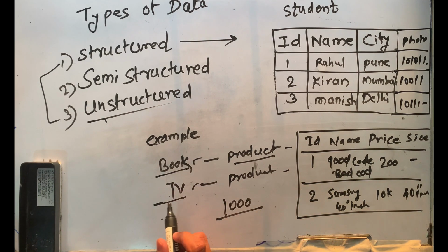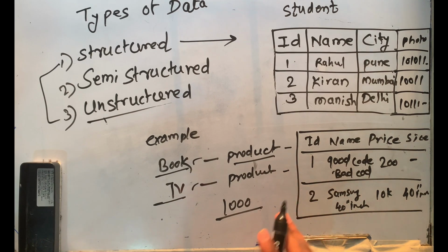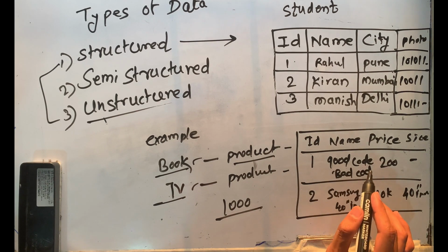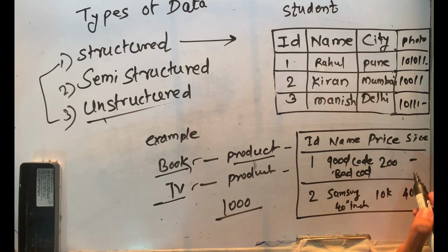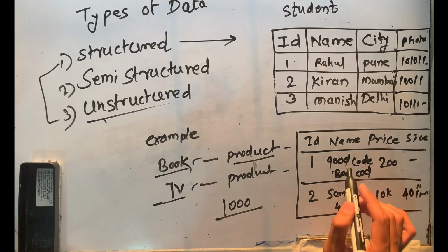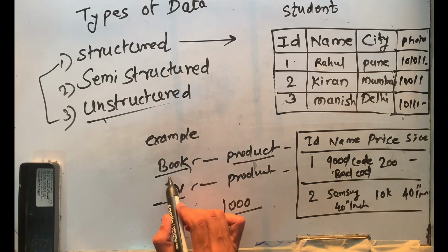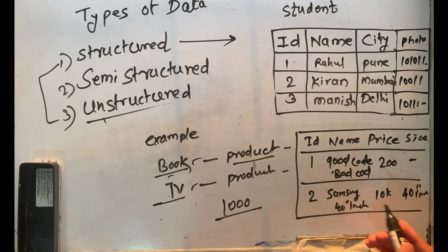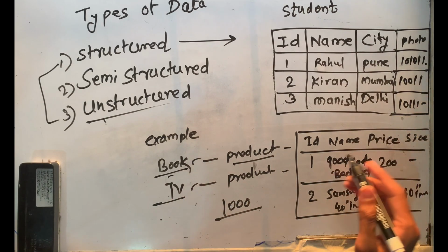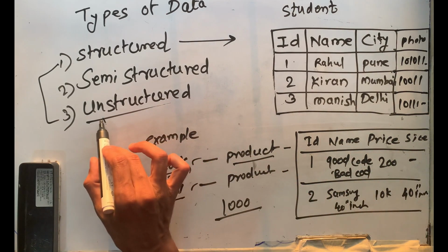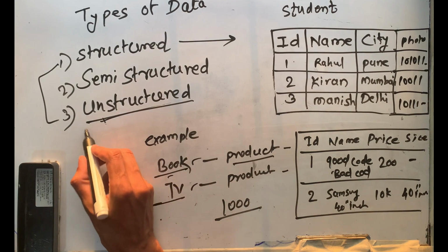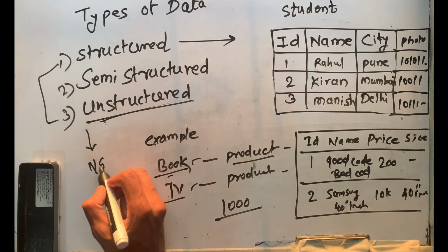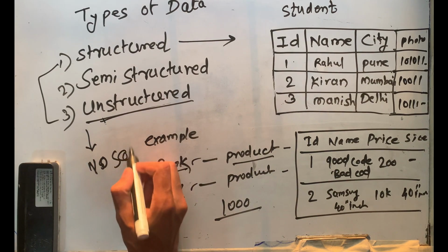No, because on Amazon there are a number of products available, and they can't fit the requirement in one table. The book has its different parameters, the TV has its different parameters, so they can't fit. Meaning the schema does not fit, they are schema independent. At that time NoSQL comes into the picture.